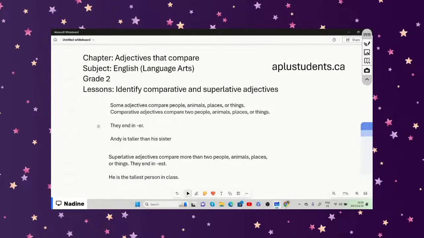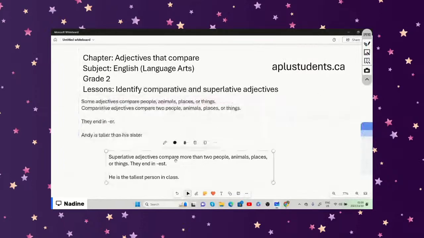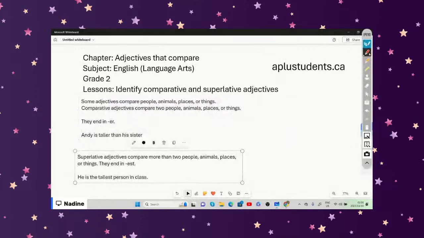A comparative adjective compares two people, animals, places, or things.